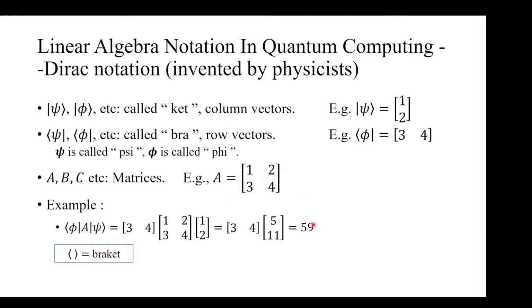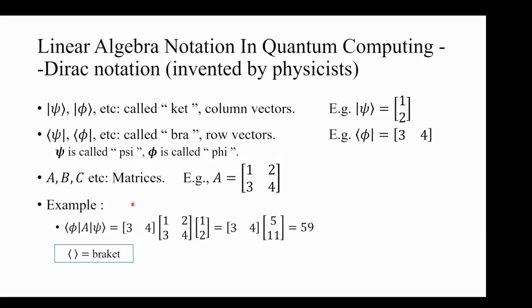And then we have weird notation now. We can write our matrix multiplication in this notation. We can have a row vector multiplying a matrix, multiplying a column vector like this.